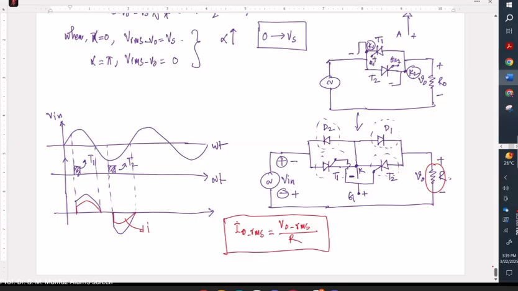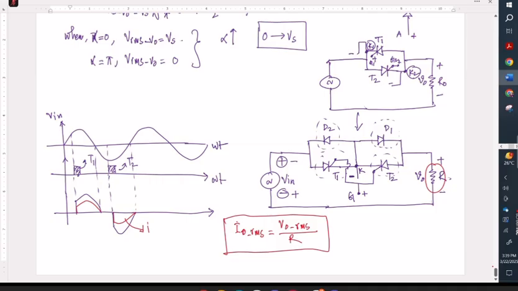So you can see frequently asked questions, right? In your exam, sometimes it is asked what is the problem of using two thyristors to provide a controlled AC output? The problem is that you need separate driving circuits for two thyristors when they are connected in anti-parallel.